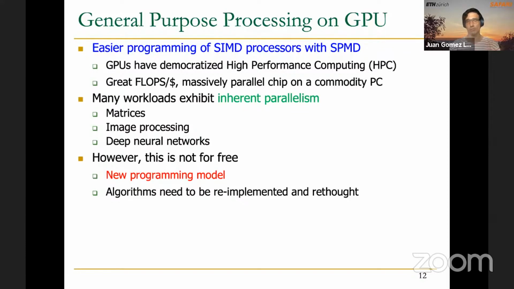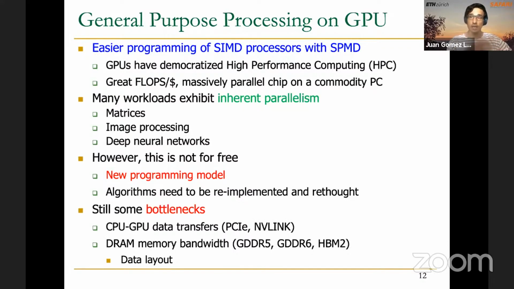In some sense you need to re-implement your applications because the architecture is different from the architecture of a CPU, and we need to tailor the implementation of the algorithm as much as possible to the specific characteristics of the GPU hardware. And even though GPUs are super powerful processors, there are still bottlenecks.